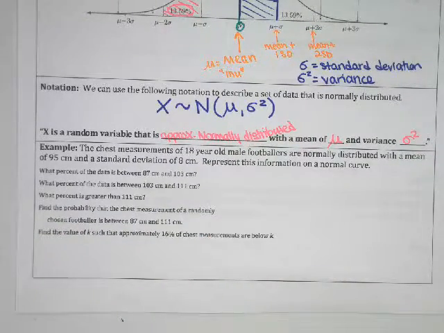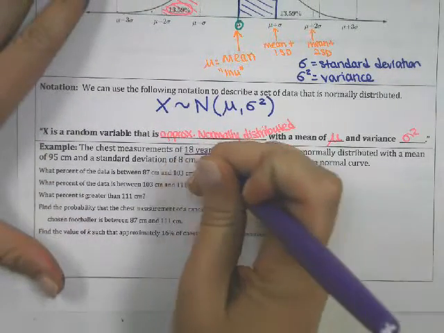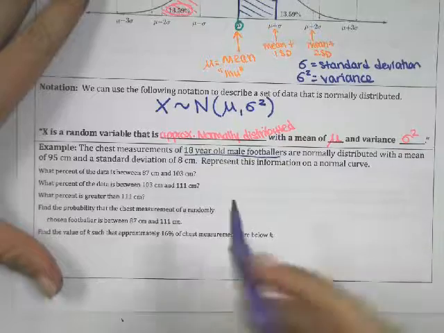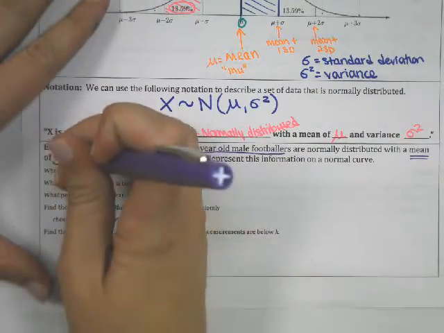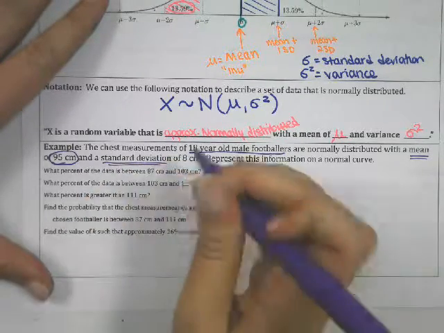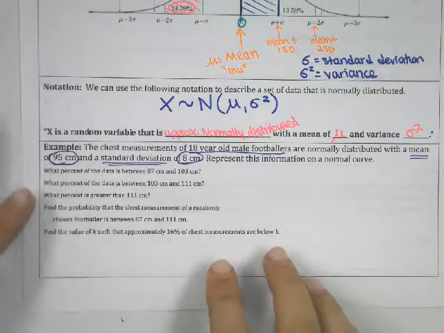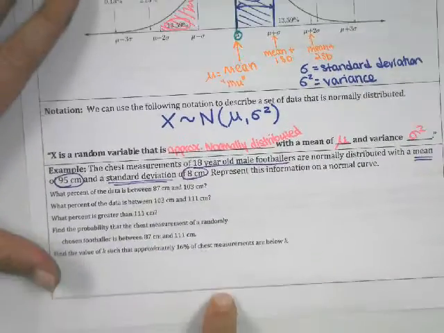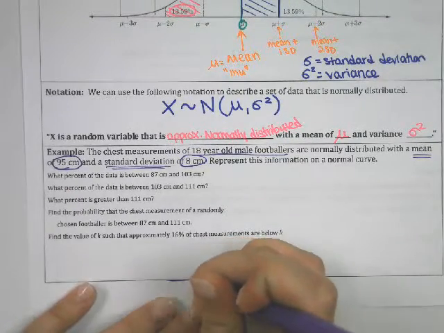All right, so how does this work with an actual problem? It says the chest measurements of 18-year-old male footballers are normally distributed with a mean of 95, that seems important, and a standard deviation of 8. Represent this information on a normal curve. So I'm going to make a little normal curve at the bottom here.